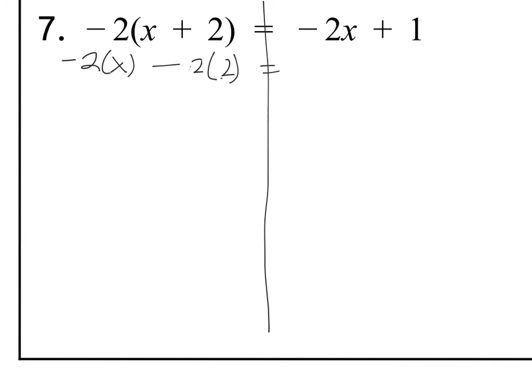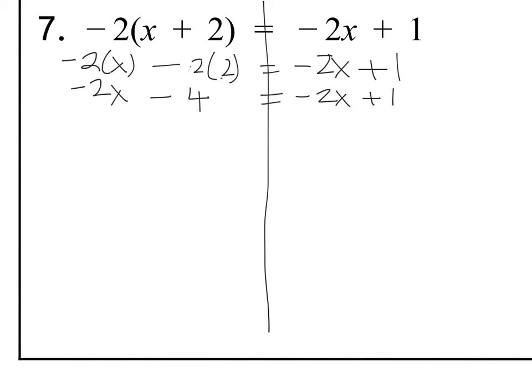Okay, equals negative 2x plus 1. So on the left, negative 2x minus 4 equals negative 2x plus 1. At this moment in time, I am curious, do you have a prediction? Is it no, 1, or infinitely many?